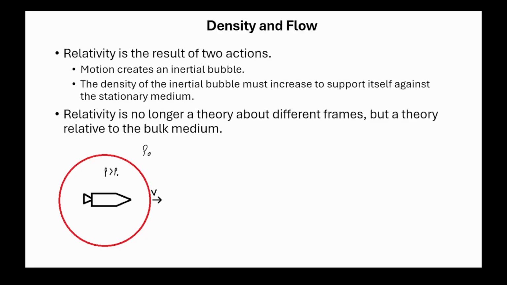Basically, relativity is the combination of doing the math to account for the moving frame, but also the time dilation and distortions created when the density inside the inertial frame is increased. Now, some things to think about is that Einstein would have said, no matter what, whenever you're moving, we have to apply the same corrections. But that is now no longer the case.